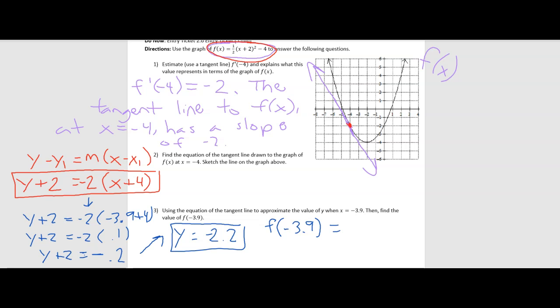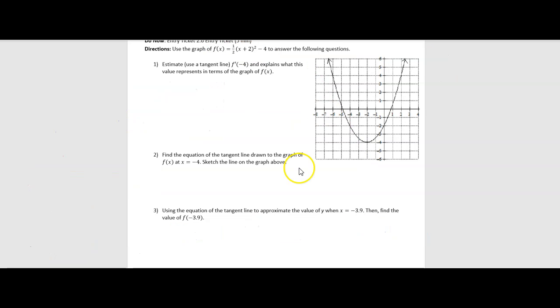And our actual value of f of negative 3.9 is negative 2.195. So you can see that our approximate value was very, very close to our actual value. And this is going to tie into what question 4 is asking us. Let me erase this and we'll go look at question 4.